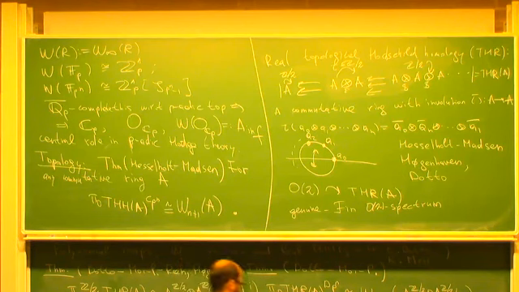Then the same is true. So if you take pi 0 of the real THH of P_{2^n}, this is isomorphic to W_{n+1}, 2, tensor.